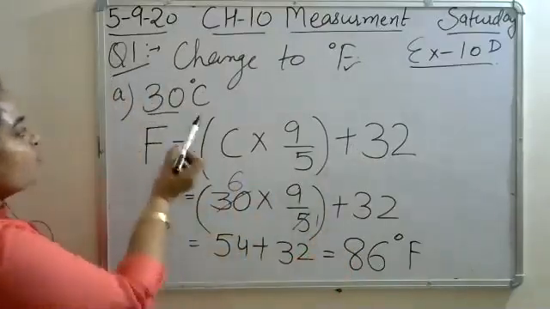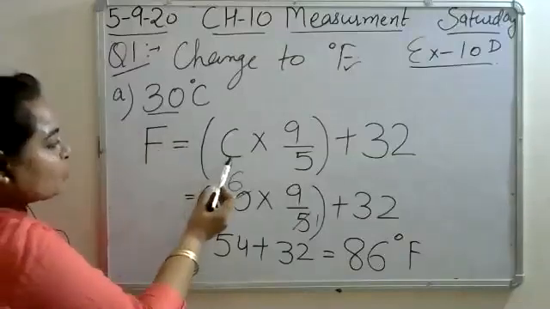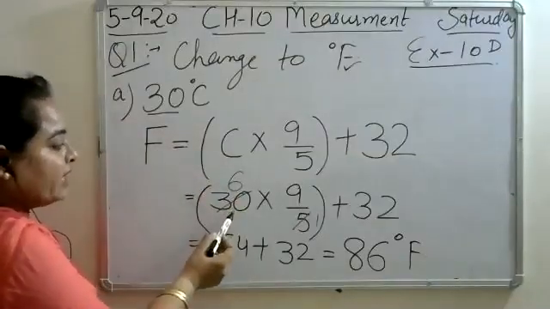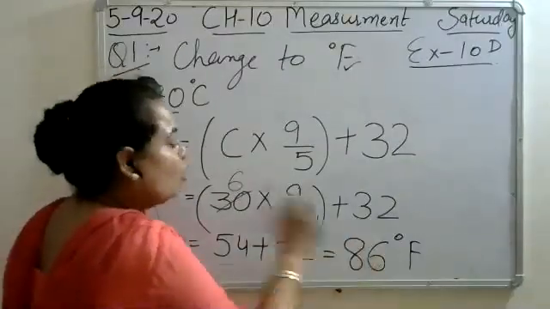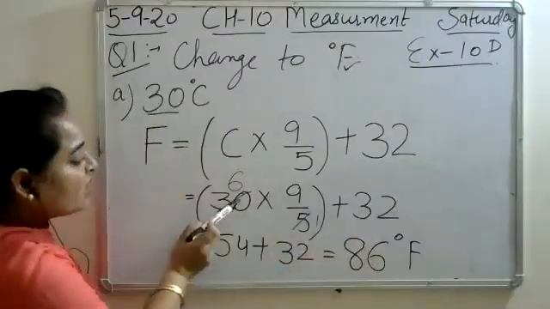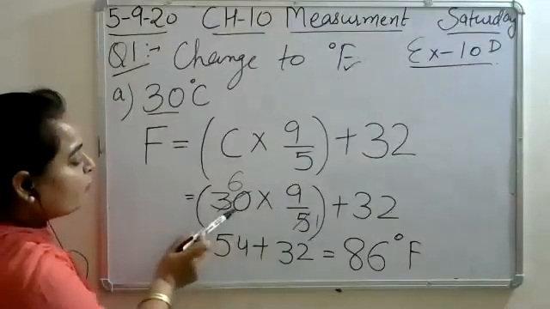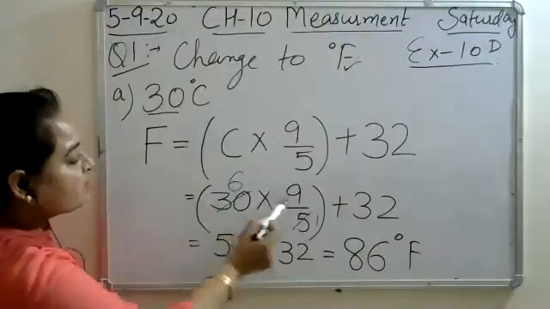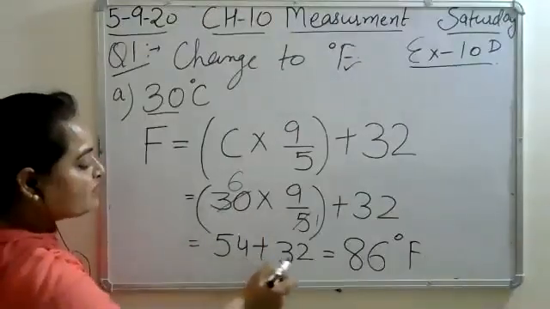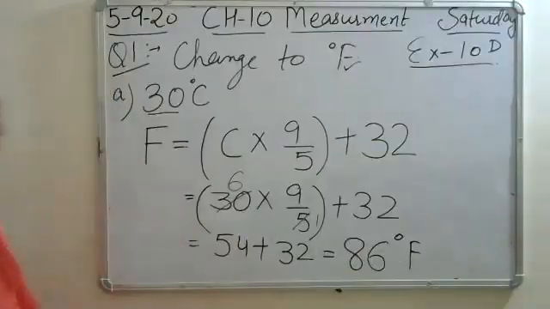In place of Celsius, write 30. Cancellation in the table of 5: 5 ones are 5, 5 sixes are 30. After cancellation, 6 nines are 54, plus 32 is equal to 86 degree Fahrenheit. So note down.